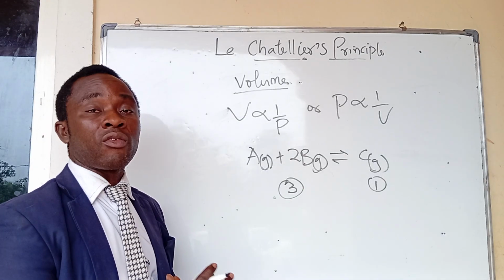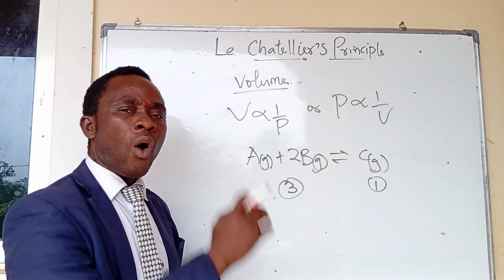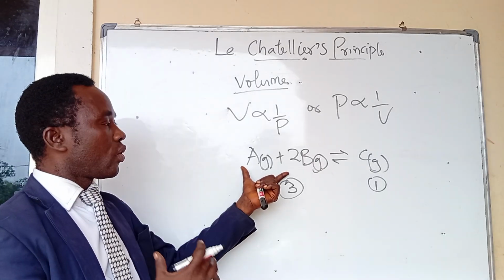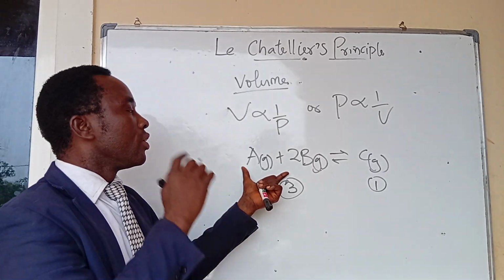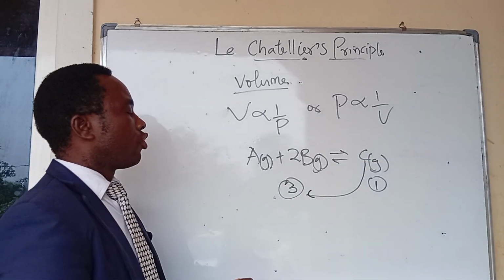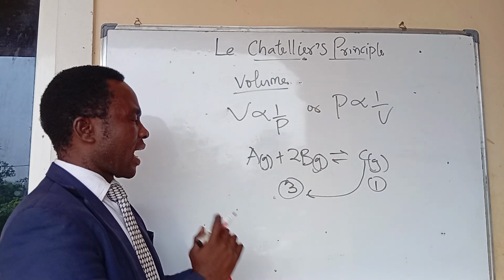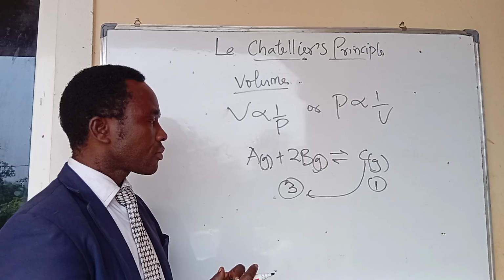Therefore, an increase in volume will favor the higher number of moles. So if I increase the volume of this chemical system in equilibrium, the equilibrium position will shift to the left, favoring the formation of reactants, which are A and B.